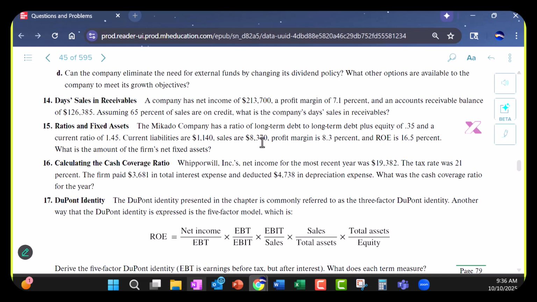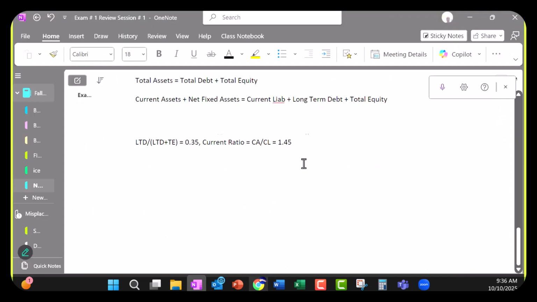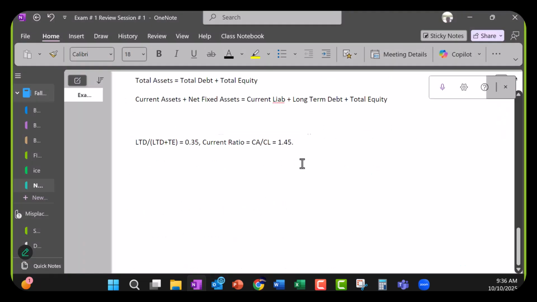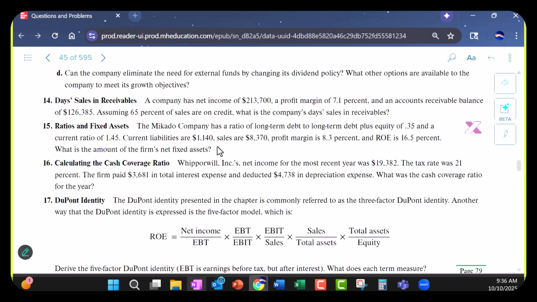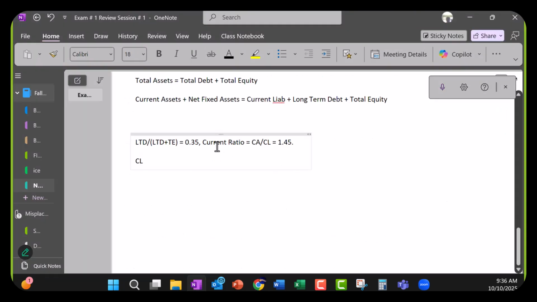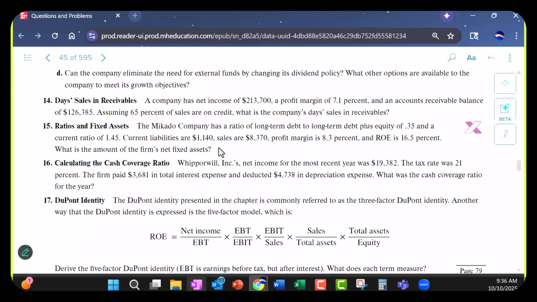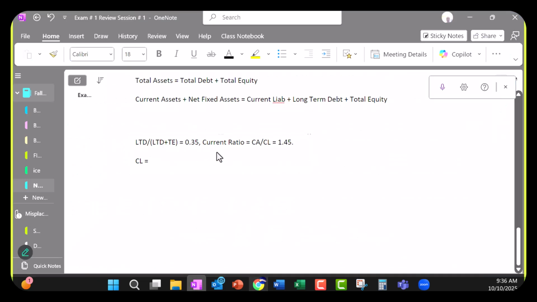We know the current liabilities, we know sales, we know profit margin, we know ROE. You're probably thinking, what the hell is he talking about? All right. So current liabilities are equal to 1140.